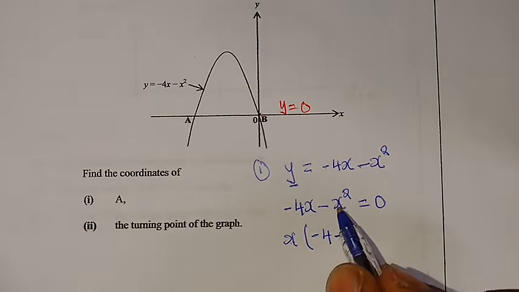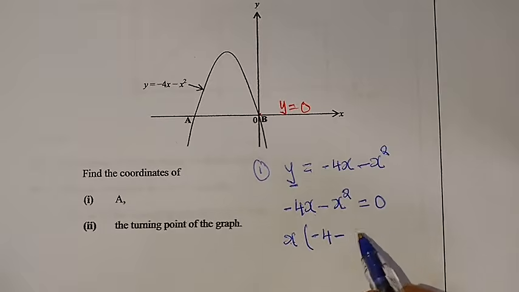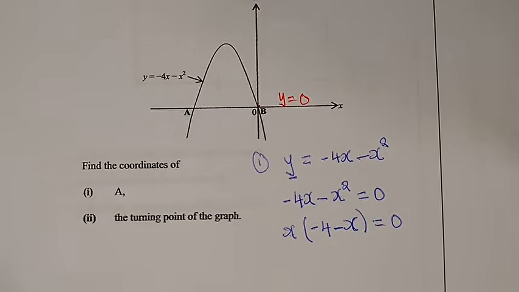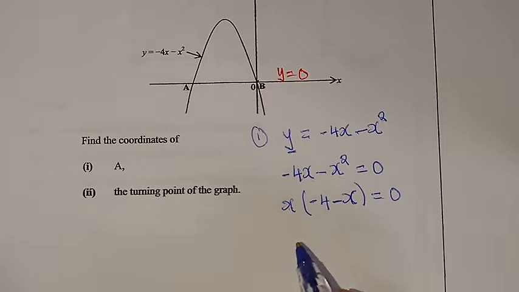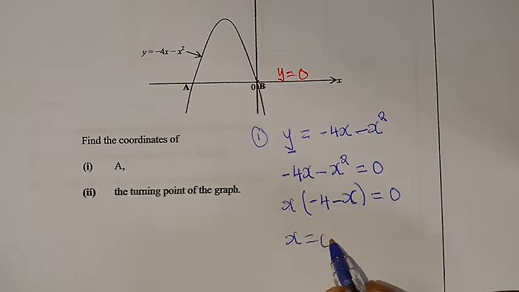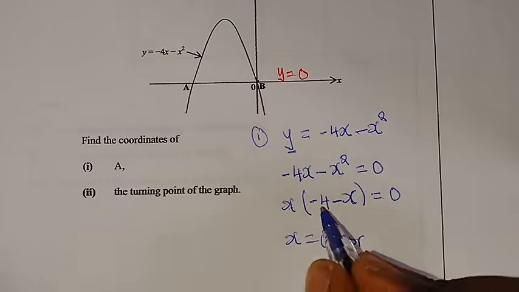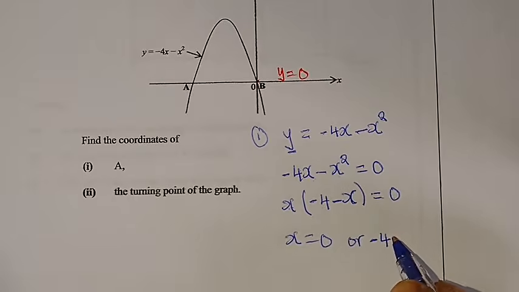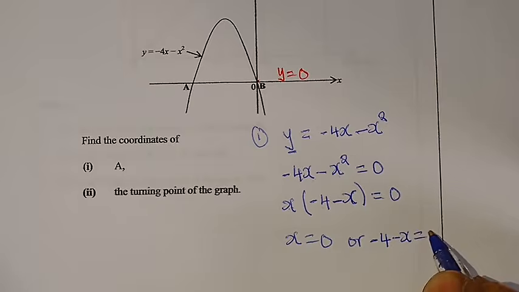You cancel 1x and 1x here, you remain with x power 1. So from this stage now, you can say x equal to 0, or you say this negative 4 minus x equal to 0.